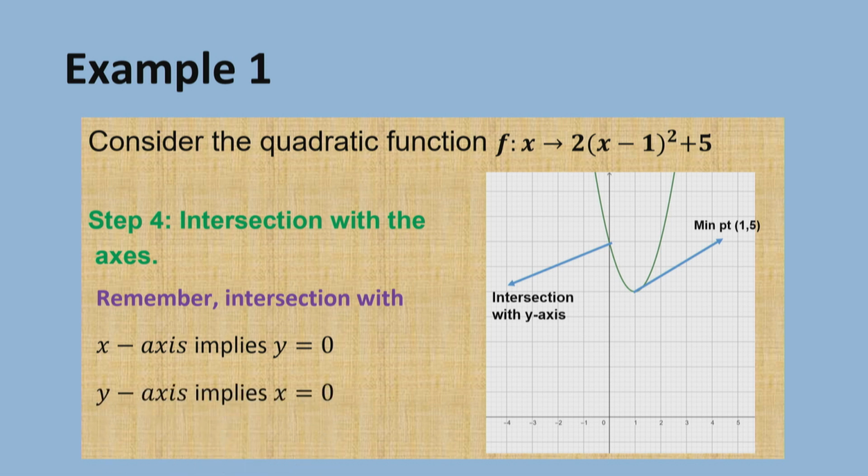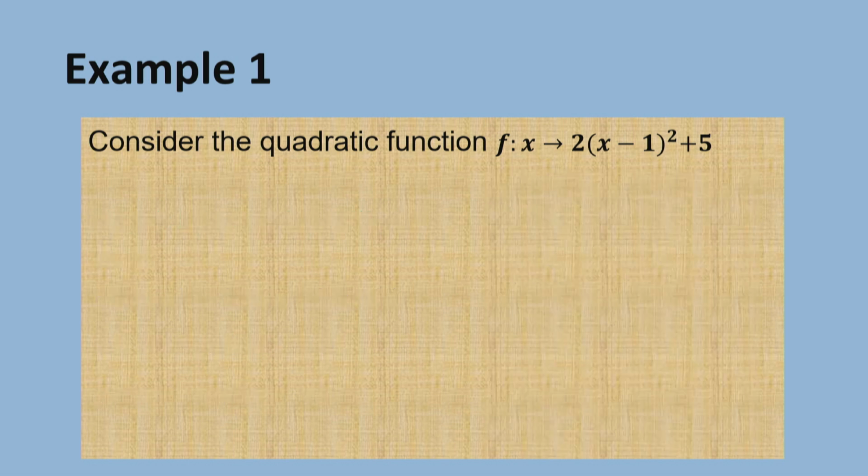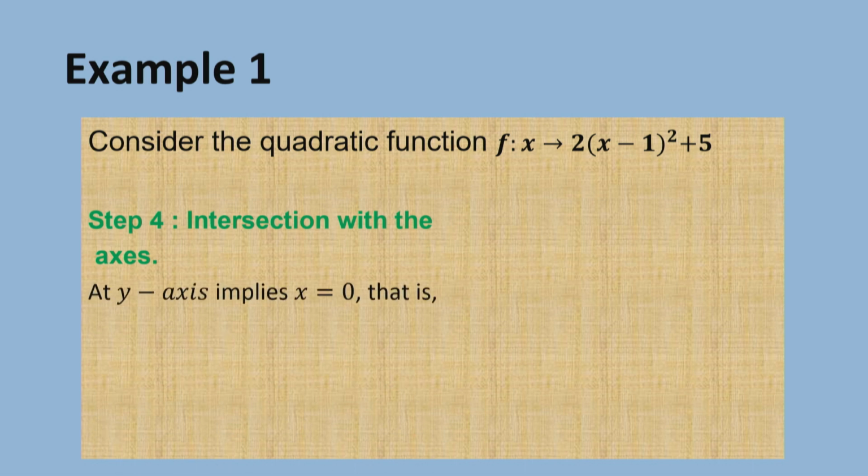If it is with the y-axis, it will be x equal to 0. You've done that earlier in your grade 9. So, intersection with the y-axis, x equal to 0.